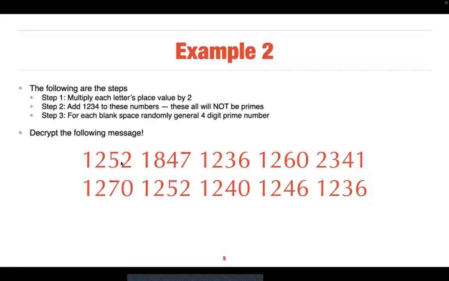So can you decrypt it? Can you try identifying how it has been encrypted? We have used these 3 steps. So can you try?